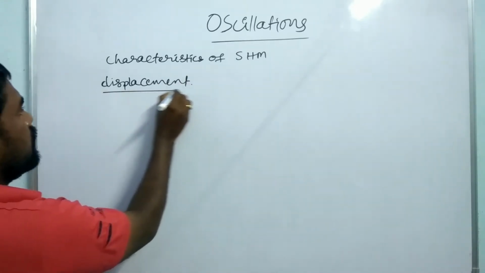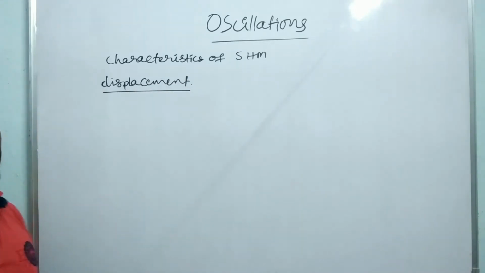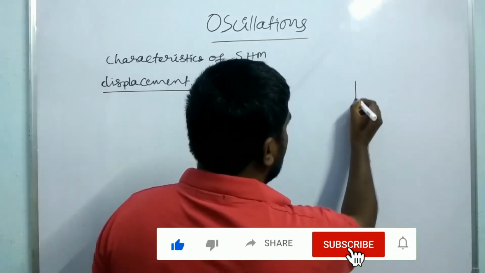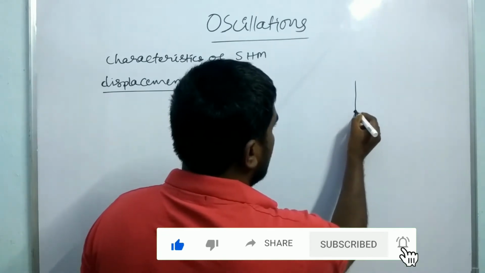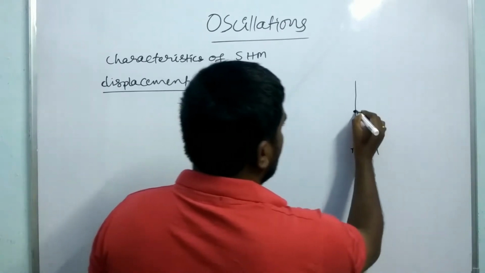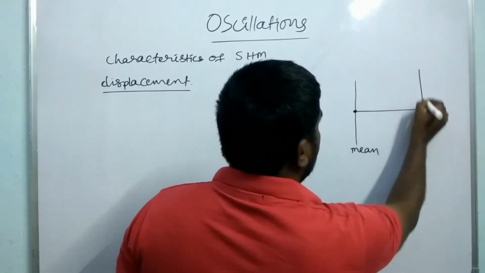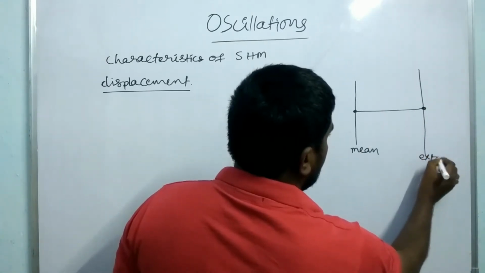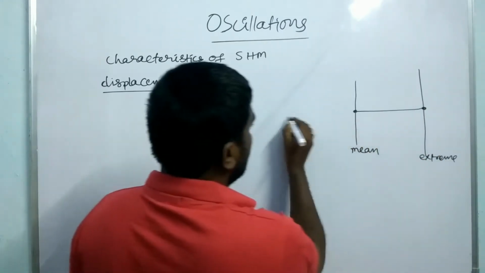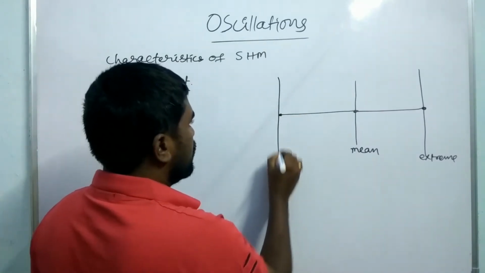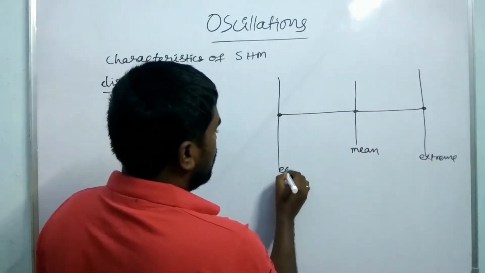So the displacement of the SHM particle. Already we have seen that here this is a particle, this is the mean position, and this is the extreme which is the right side. Okay, this is the other extreme which is the left side. This is also an extreme.